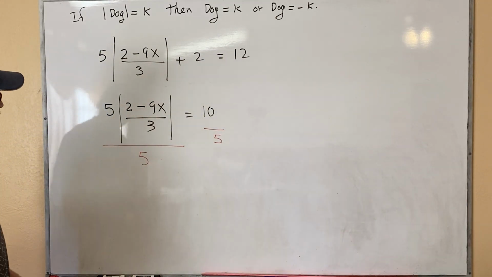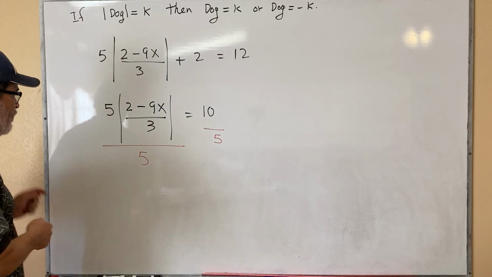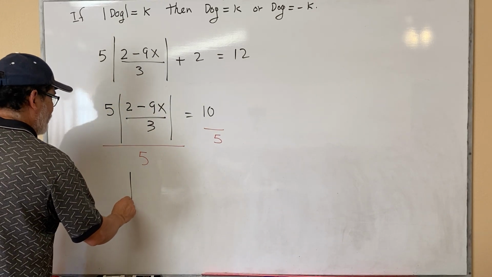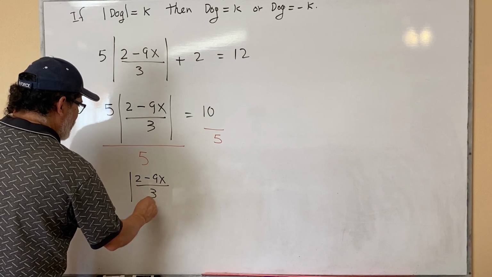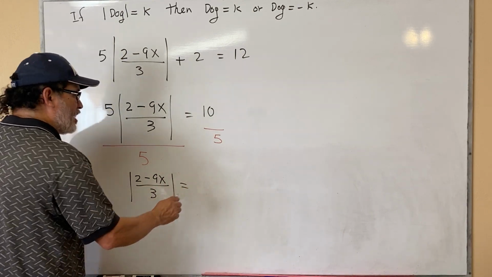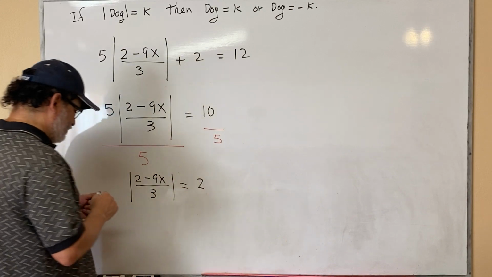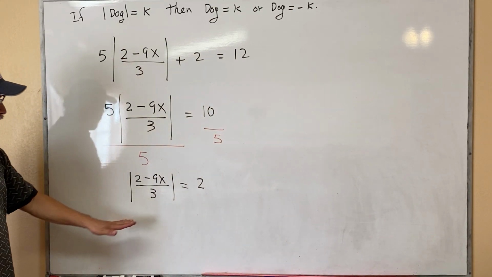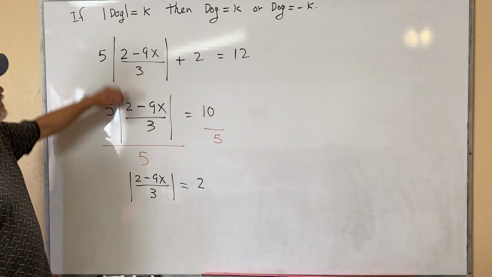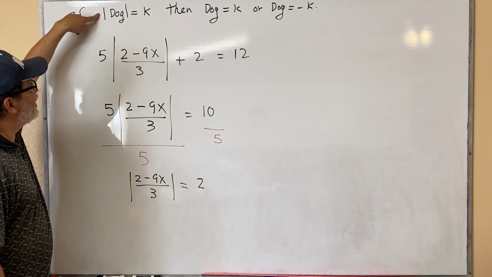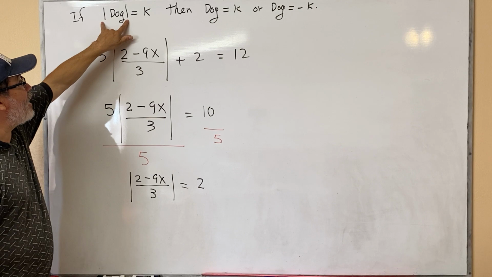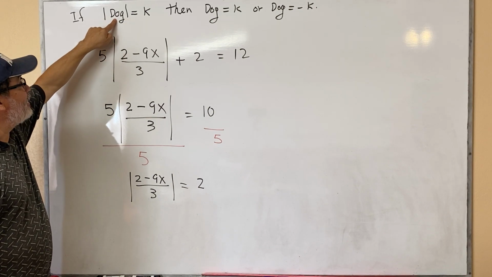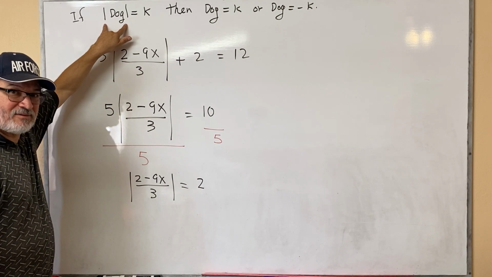Okay. The 5's cancel, and what do we get? Absolute value of 2 minus 9x over 3 equals what? 2. Now this is like the property, the absolute value of the dog inside is by itself.